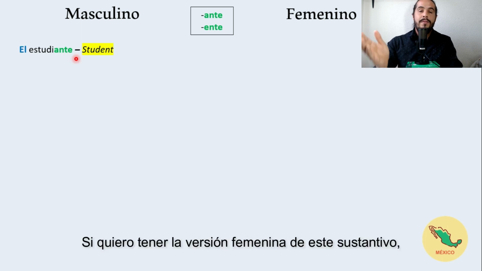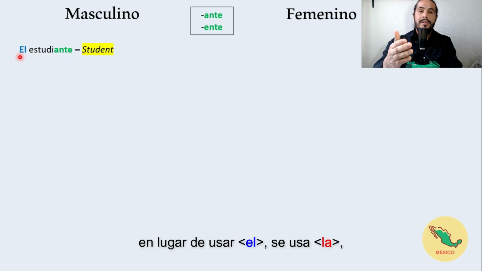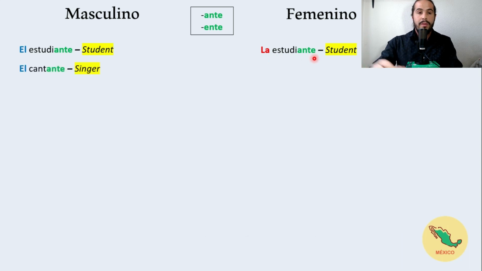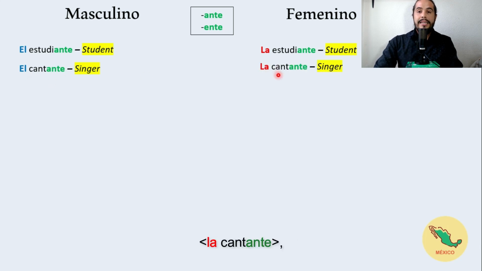If I want to have the feminine version of this noun, the only thing I need to change is the article. In this case, instead of having el, I will have la, and then I get la estudiante, which now means the female student. We have more examples. Here you have el cantante, the male singer, and then you get la cantante, the female singer.